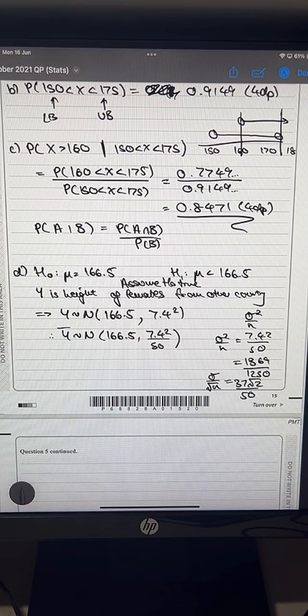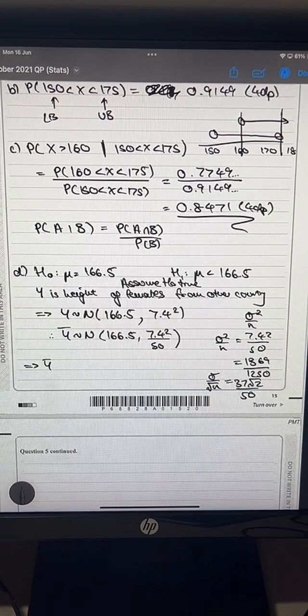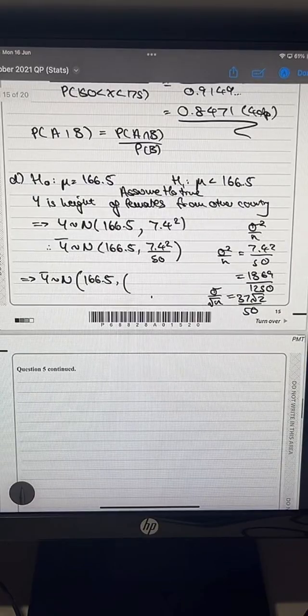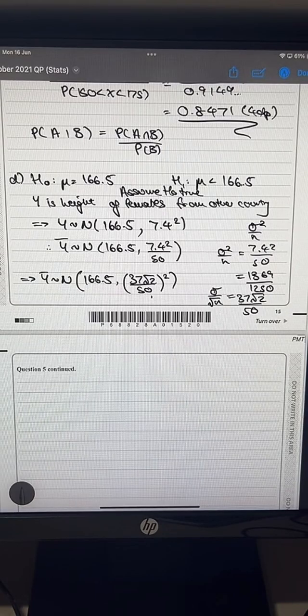A-level maths is like that. So we can say this implies that the mean is normally distributed with 166.5, which stays the same, and variance 37 root 2 over 50 all squared. That just helps you know exactly what to put into the calculator. Do the working on the side. It will help you out. That's what I did in my last exam, in my finals.